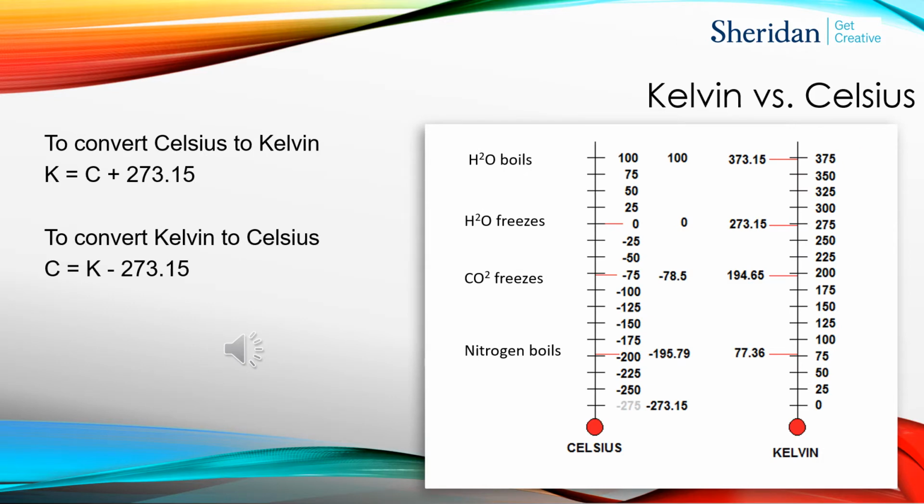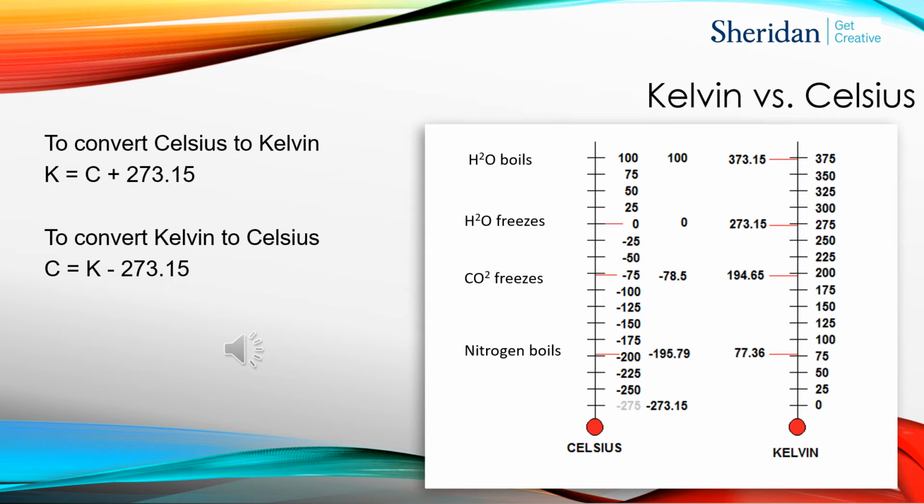Kelvin versus Celsius. Shown here on the right are the 2 scales of Kelvin and Celsius. You'll notice that there really is only an offset of 273.15 degrees. 0 degrees Kelvin is actually minus 273.15 degrees Celsius, and 0 degrees Celsius is plus 273.15 degrees Kelvin.